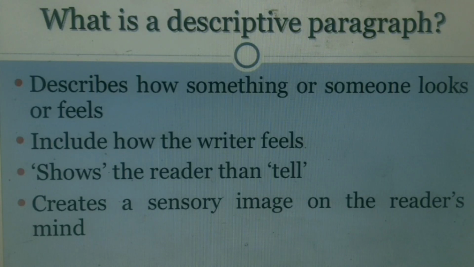If you are taking the reader to a place, let the reader feel as if he is in that place. Or if you are describing a person, make the reader feel that he is just sitting next to that person, as if he knows the person. That should be the way you describe a person, place.